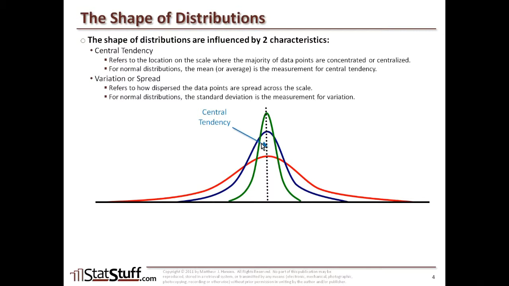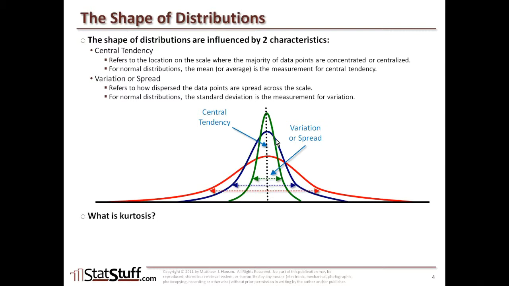So in this case, the central tendency is what's represented here. It's the midpoint, again, where the majority of the data points tend to fall, that central area. Whereas the variation or spread will be represented by how spread out each of these distributions are, how spread out the data points are from this center point.